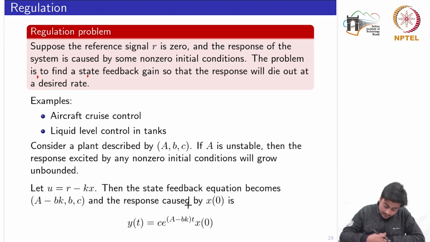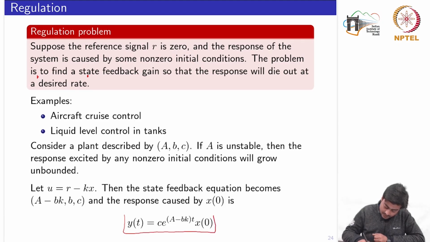Now if A is unstable, then for any non-zero initial condition, the response will grow unbounded. First of all, we need to make the closed loop stable, which we have done so far by using the control signal as R minus K times X, where K is the feedback controller which we need to design, such that the response caused by the non-zero initial condition is given by this.